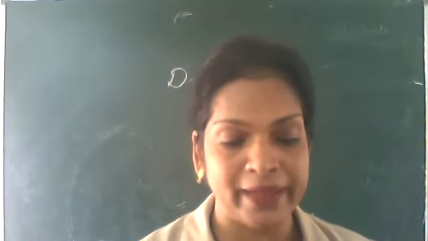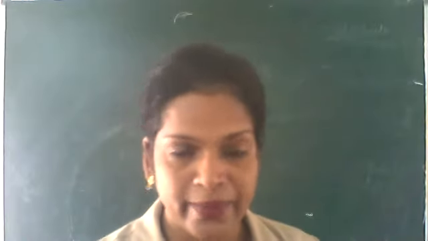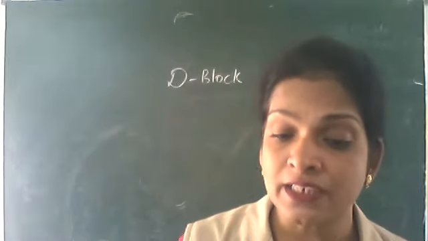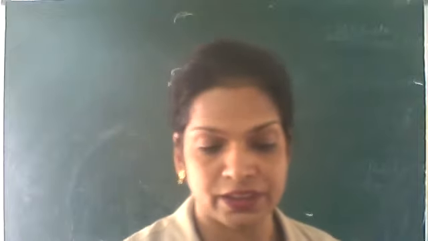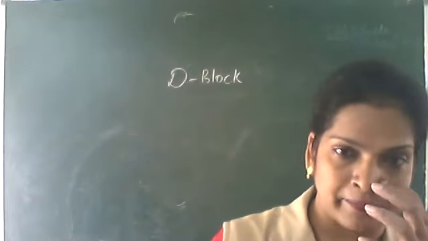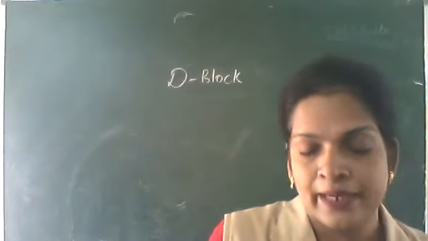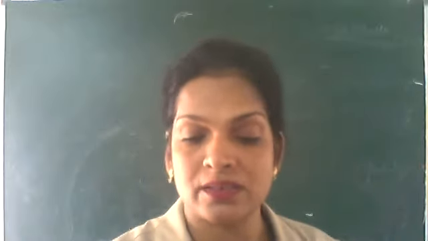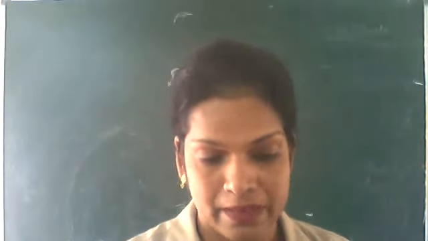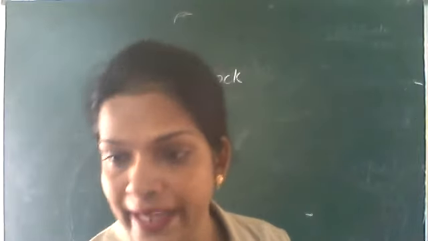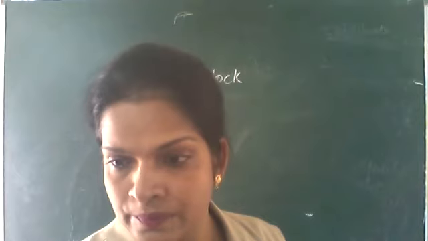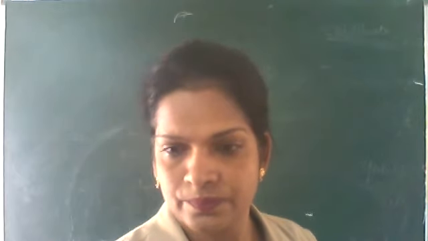Their studies are complicated because they are radioactive and they show a large number of oxidation states. Elements after uranium, F block means that down portion, are called trans-uranium elements. That's about the classification into S block, P block, D block, and F block.